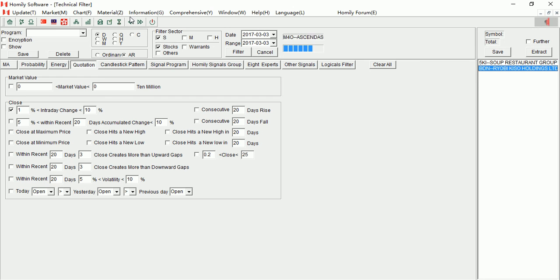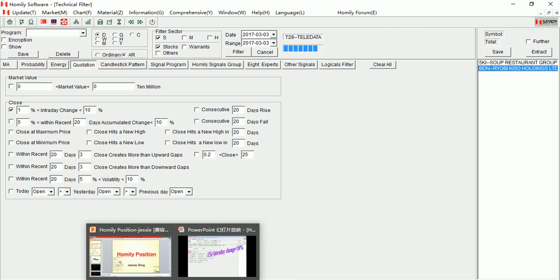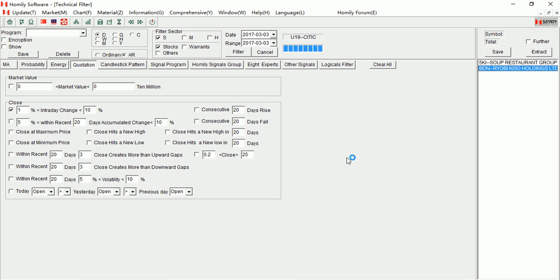If the stock just filtered is not good, you don't need to buy. You can check another day. Recently all the stocks are running red, so maybe you missed a good chance.